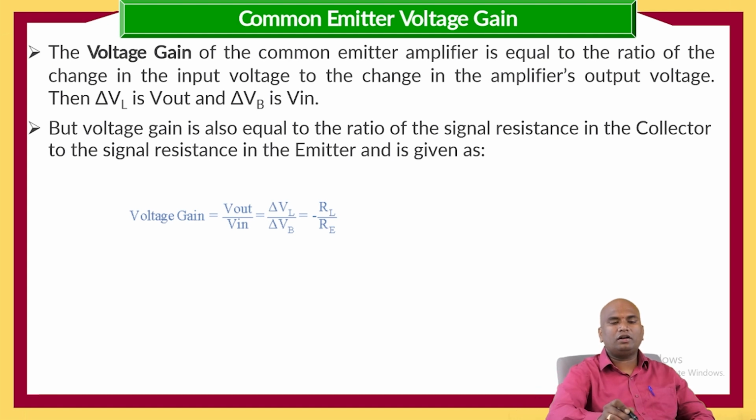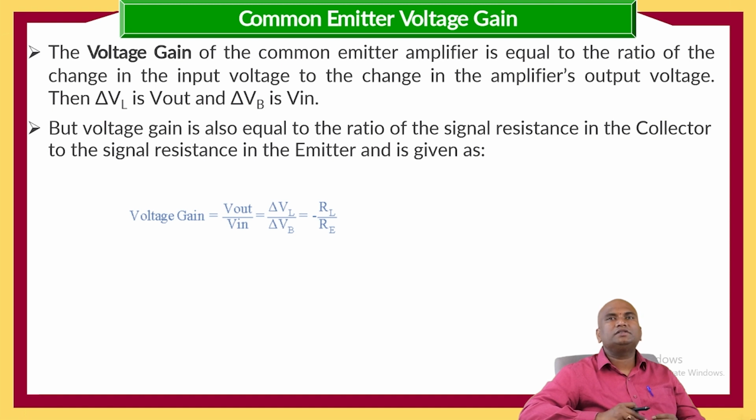Here, the voltage gain of the common emitter amplifier is equal to the ratio of change in output voltage to the change in input voltage. That is delta VL is delta V out and delta VB is the input. The voltage gain is equal to the ratio of signal resistance in the collector to signal resistance in the emitter, as voltage is directly proportional to the resistances.